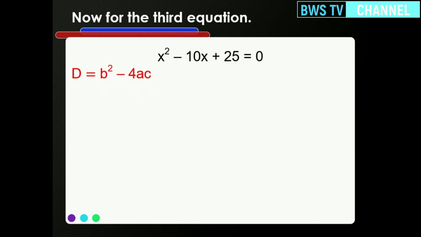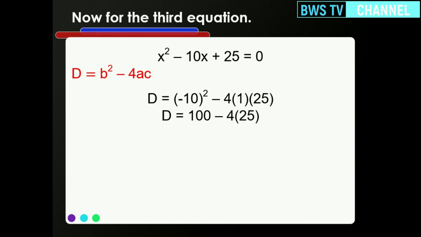So same thing, apply the discriminant, then substitute. So you have D is equal to negative 10 squared minus 4 times 1 times 25. Next, simplify: 100 minus 4 times 25. And then simplify again. So you have D is equal to 100 minus 100.